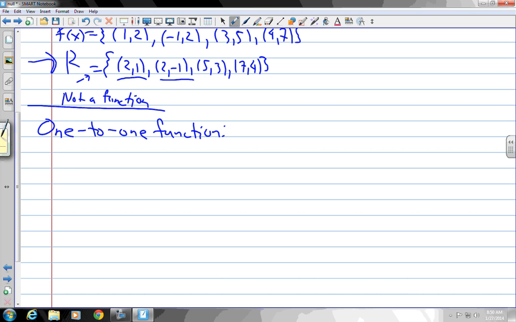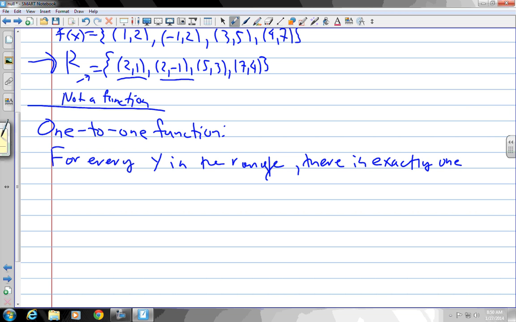So for every y in the range, that's the range, there is exactly one x in the domain. So again, think horizontal line test.